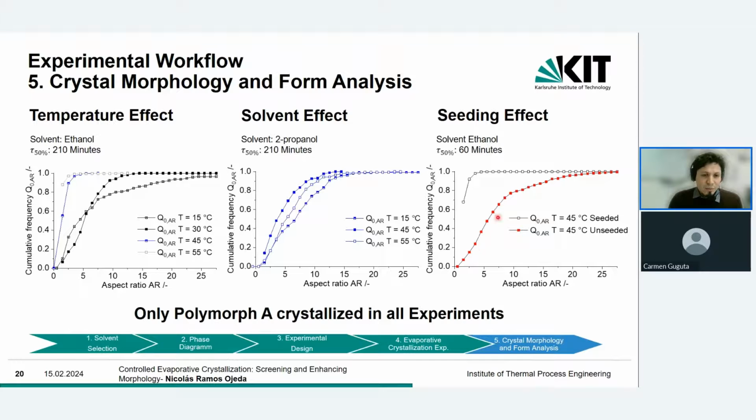So we had this experiment performed just with spontaneous nucleation, and in the case that we add some seed crystals, we again get very nice isometric crystals. And in all those experiments, after X-ray diffraction analysis, polymorph A was the crystal present in the samples.